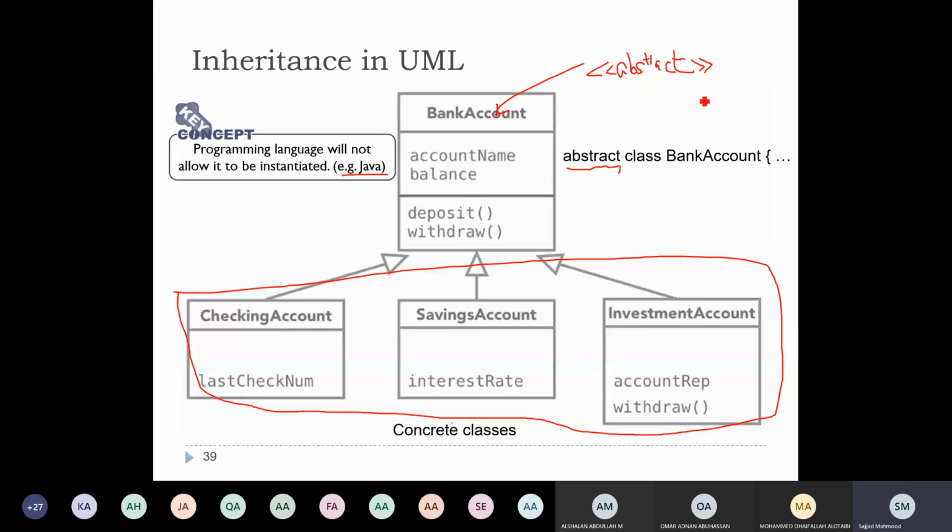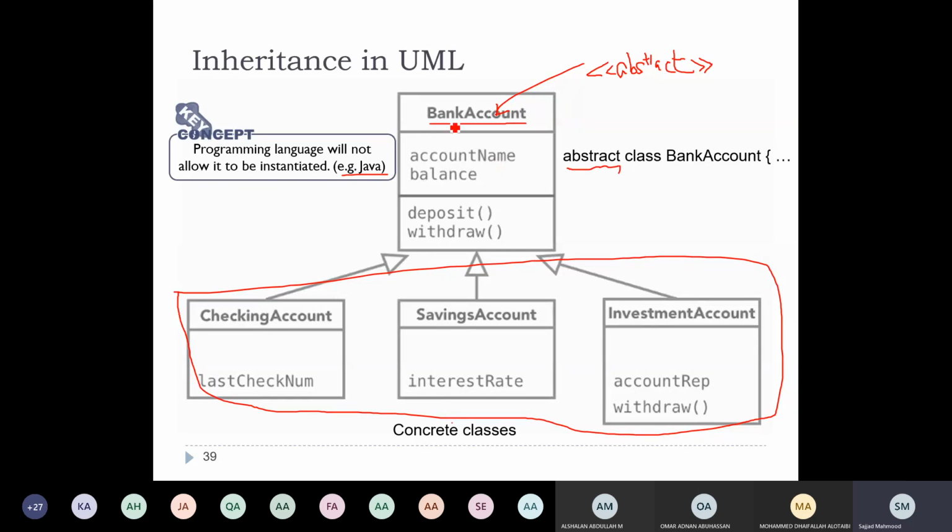In other words, whenever you have an inheritance relationship, it does not mean that the parent will always be abstract. The parent will be abstract in a case like this, where you're never going to create an object of it because that object doesn't make sense in your application.